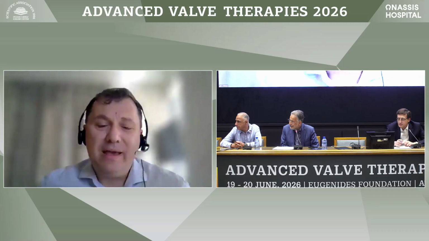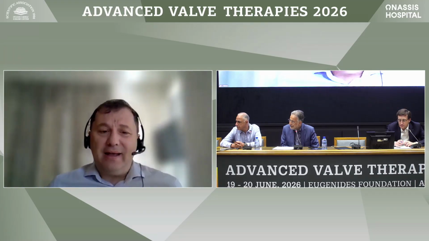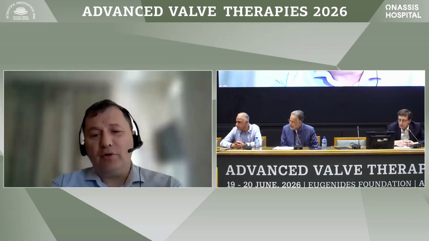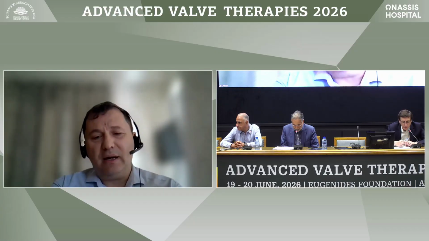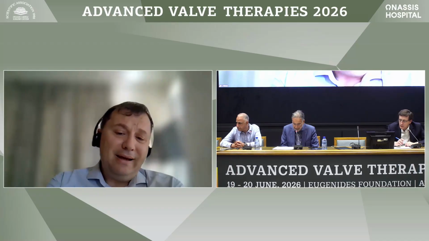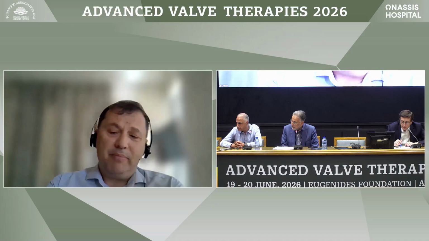Thank you for the question. I haven't heard everything because I have some sound problems. If I have understood right, the question is how do we make the decision to proceed with tricuspid intervention? Yes. Okay. I think a very important part is how the patient feels.